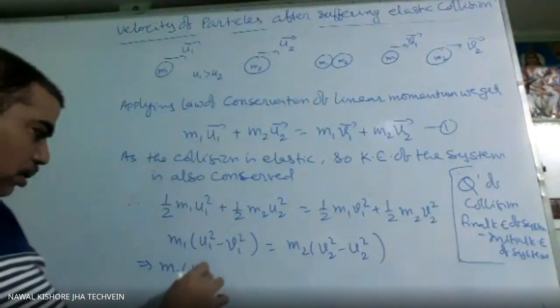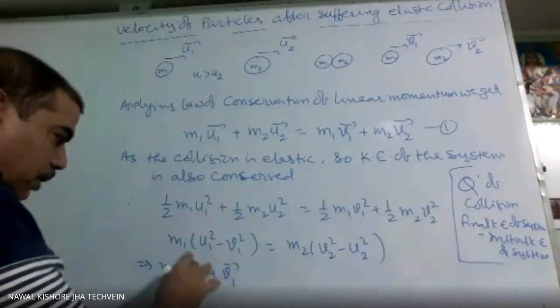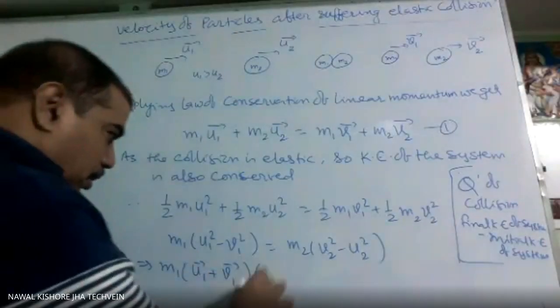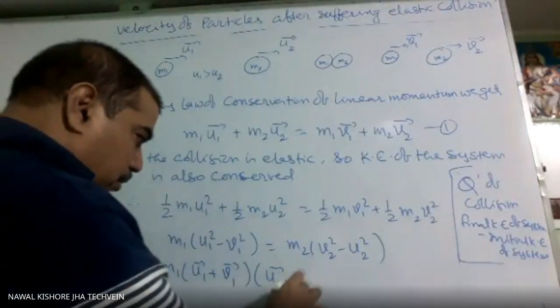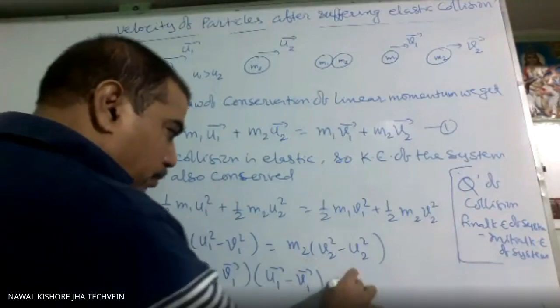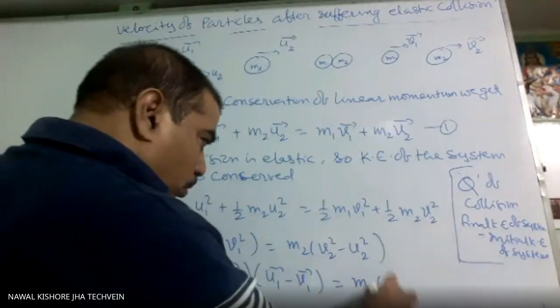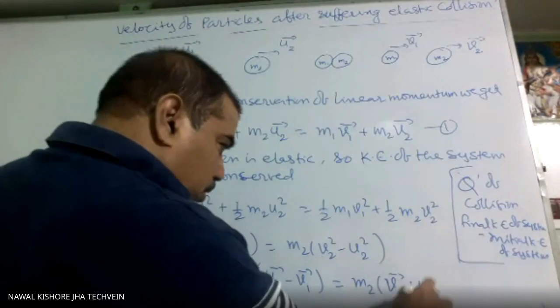M1 (U1 plus V1), we can say like this vector, into (U1 minus V1) will be equal to M2 (V2 plus U2).